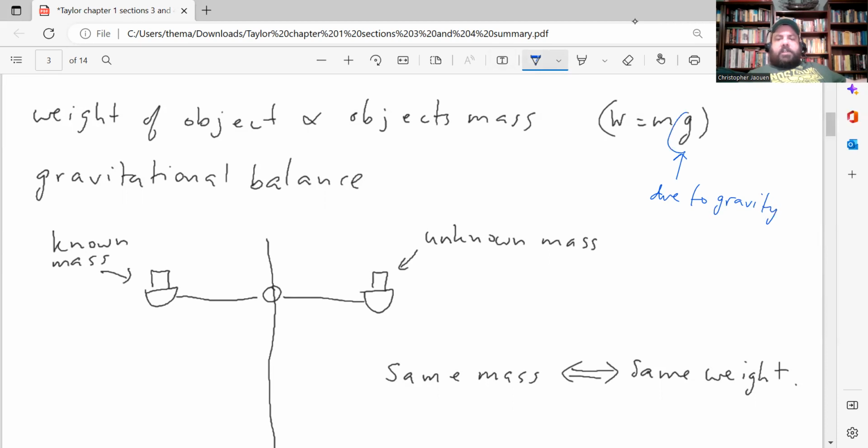This number is constant as long as you have two objects in the same region, so they're accelerated by gravity to the same extent. For example, for two objects near the surface of the Earth, the acceleration due to gravity is, if I remember correctly, approximately 9.8 meters per second squared.